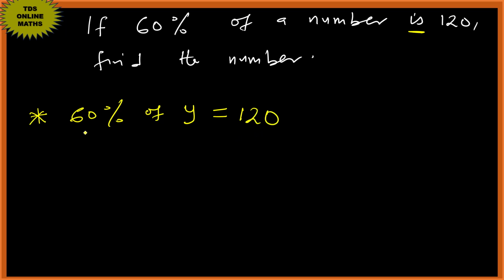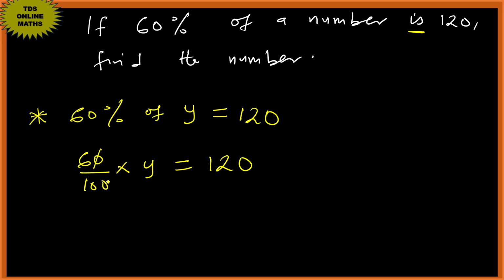Okay. Remember, 60% means 60 on 100. So of means multiplication, times y equals 120. Okay. So once we find y, that is the number. So let's go ahead.